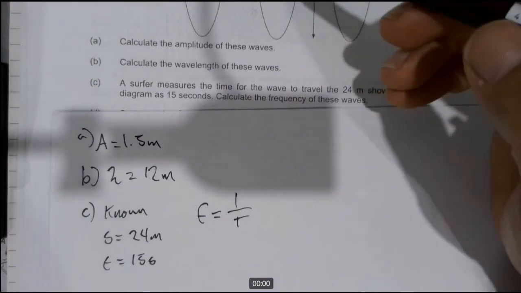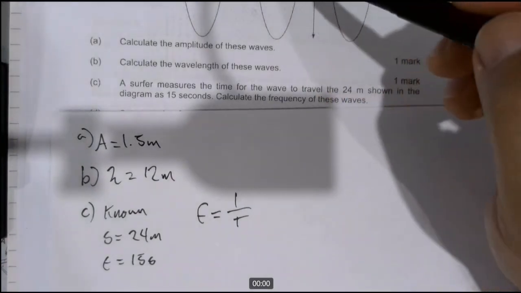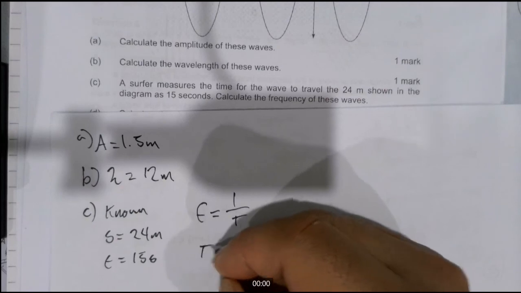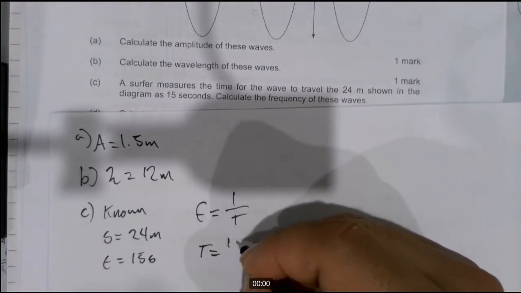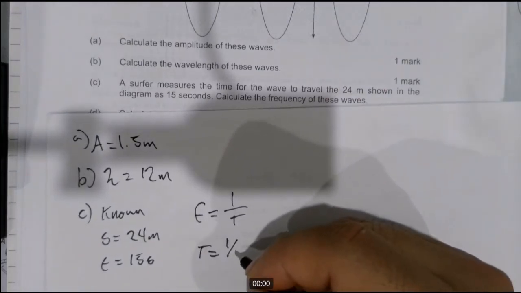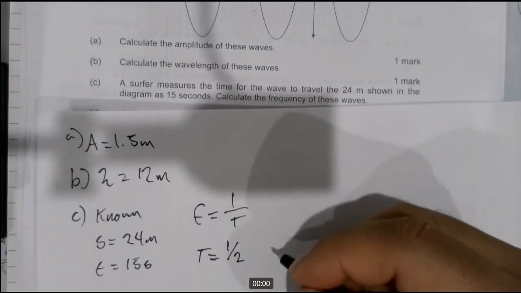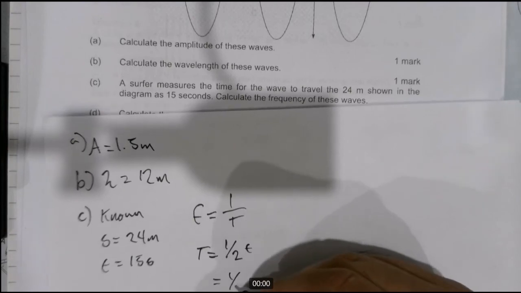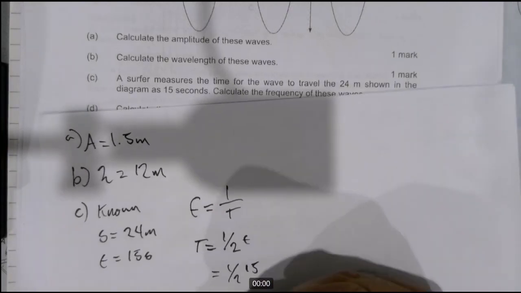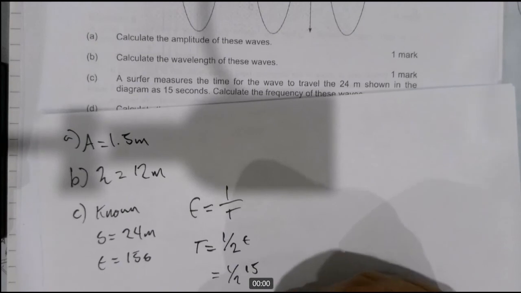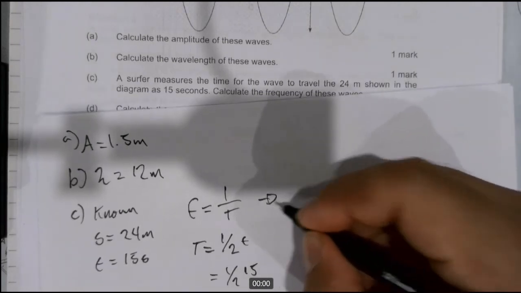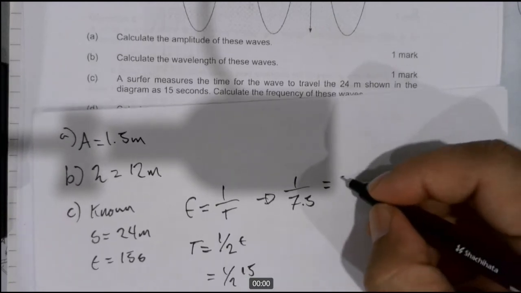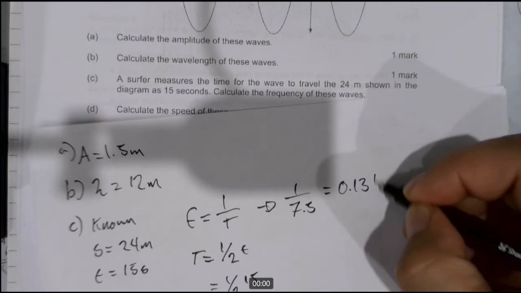That would say that the period is half of the total time, which is half of 15 seconds, which is 7.5. So that means we can solve this now. 1 divided by 7.5 is going to give me 0.13 hertz.